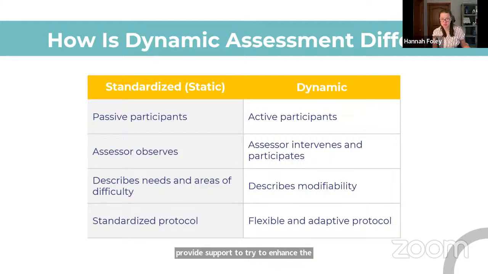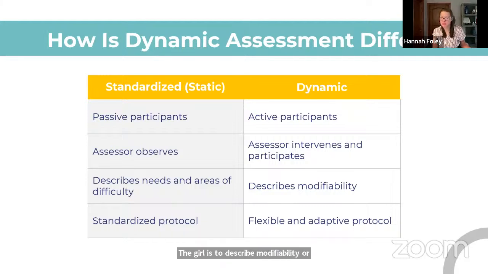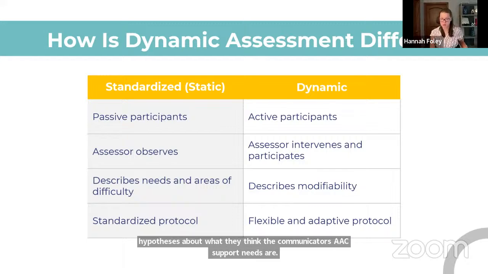The goal is to describe modifiability, or how quickly the communicator can learn new concepts and the level of support they need to be a successful communicator via AAC. The protocol is very flexible and adaptable, so the assessor has permission to go off script and make hypotheses about what they think the communicator's AAC support needs are. Briefly implement such support and then see how they do with that.